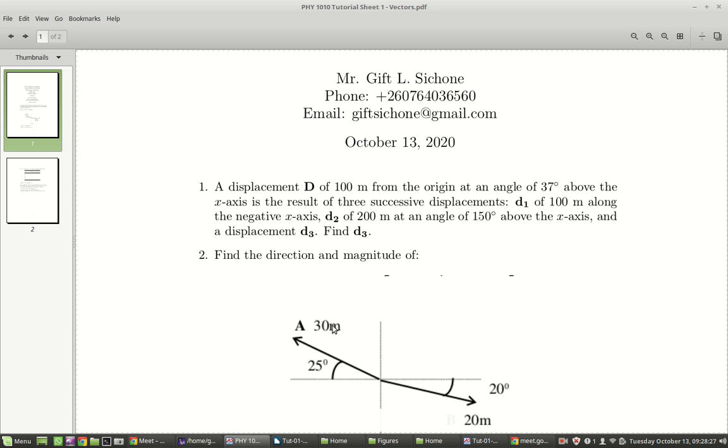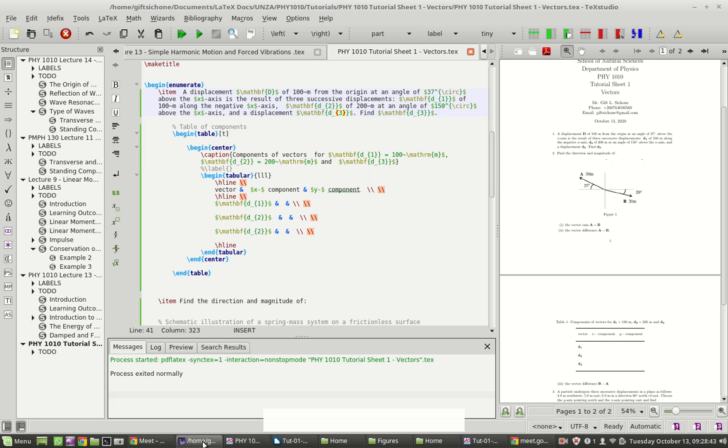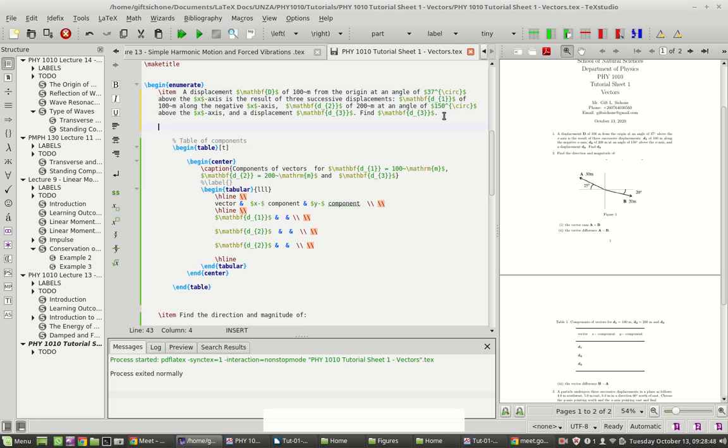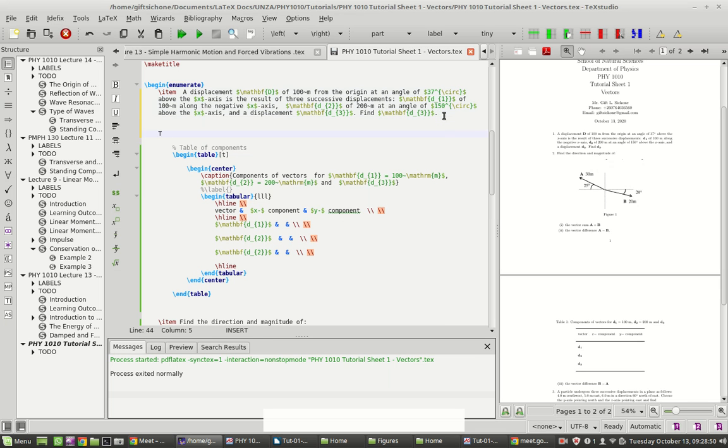Find d3. So basically what we mean when we say d is the result of 3 successive displacements is that to get d, you need to add d1 plus d2 plus d3. It's an addition thing.